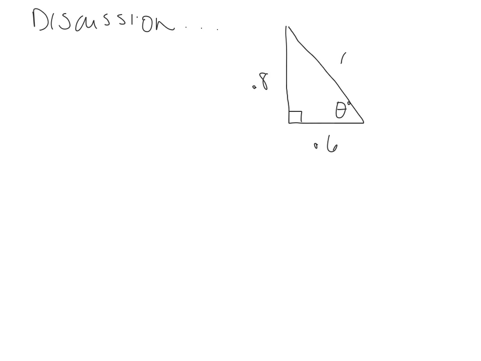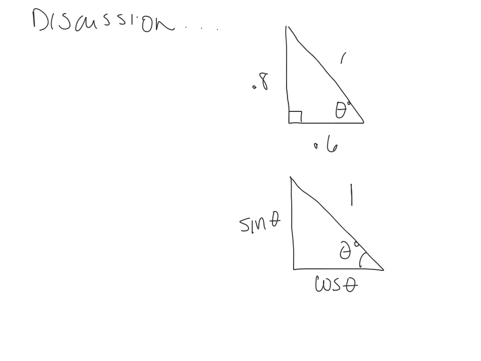If we have a hypotenuse of 1, I can actually say that this leg length is cosine theta, and this leg length is sine theta, right? Because cosine is adjacent over hypotenuse, and my hypotenuse is 1, and sine is opposite over hypotenuse, and my hypotenuse is 1.